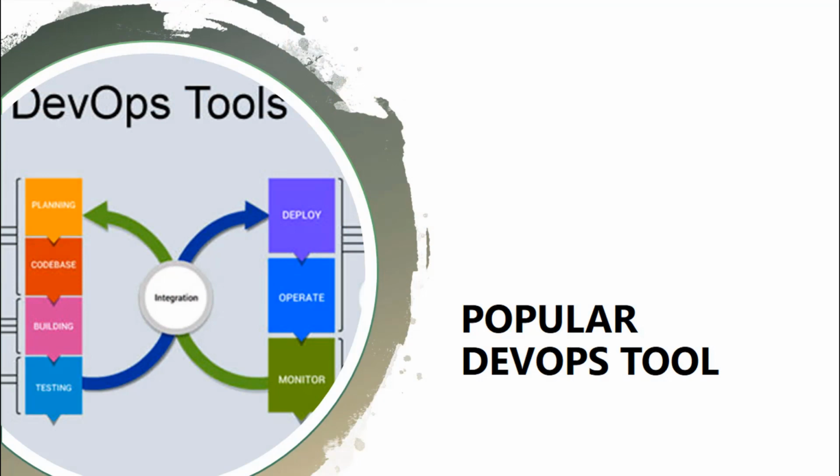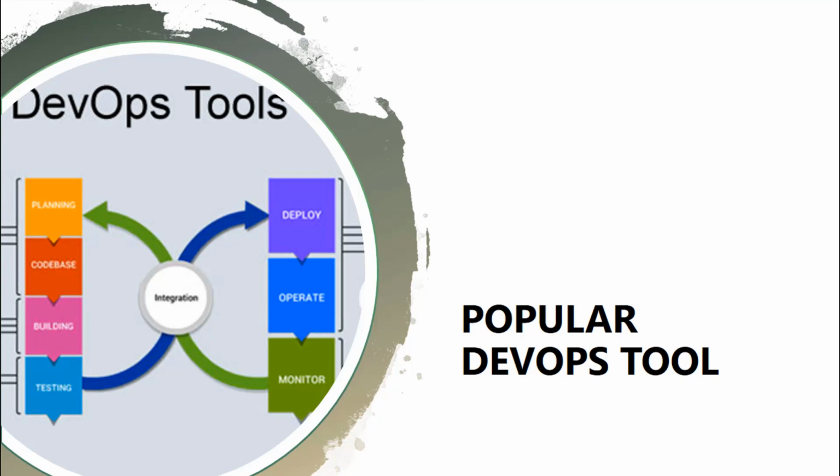So let's dive in a little deeper, and I'm going to talk about certain tools that I've used myself in DevOps practices and implementations. Welcome back. In this short lesson moving forward, I'm going to talk about certain popular DevOps tools that typically are used within the DevOps lifecycle.